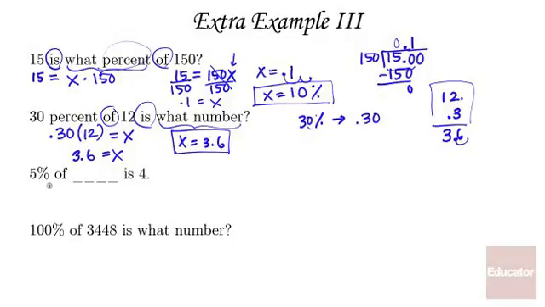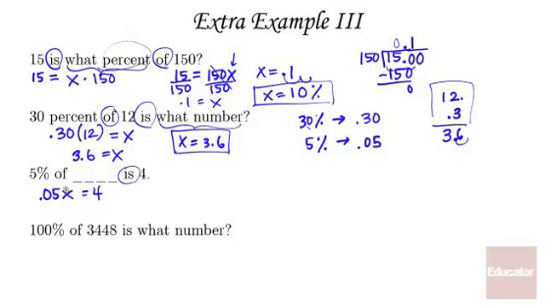The next one, 5%, change that to a decimal. Start here, go 1, 2. So it's point, fill in that space, so it's 0.05. It's not 0.5, it's 0.05. 0.05 times my unknown, which is x, equals 4.